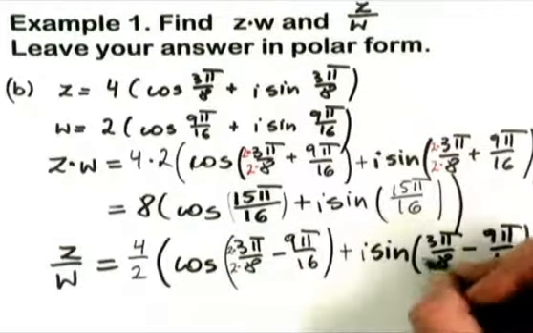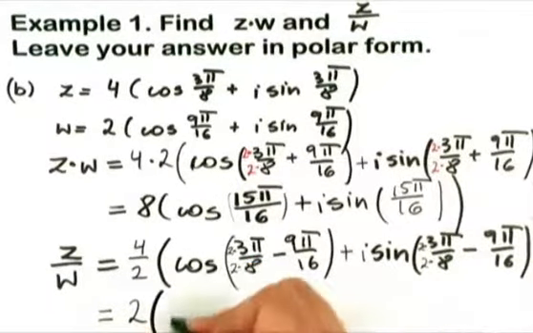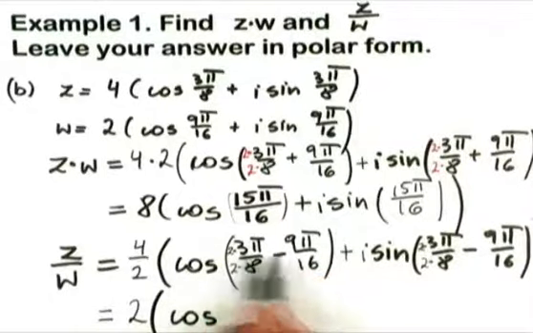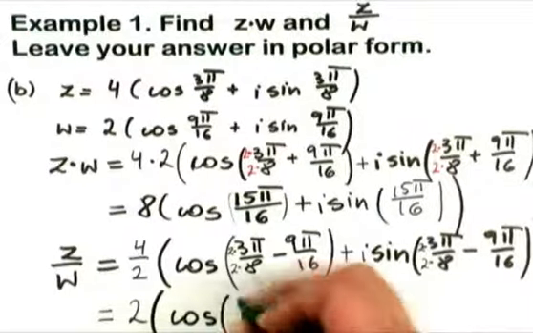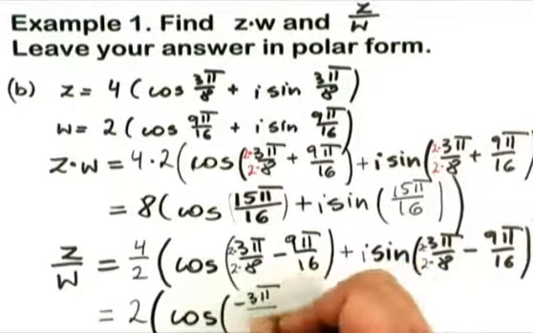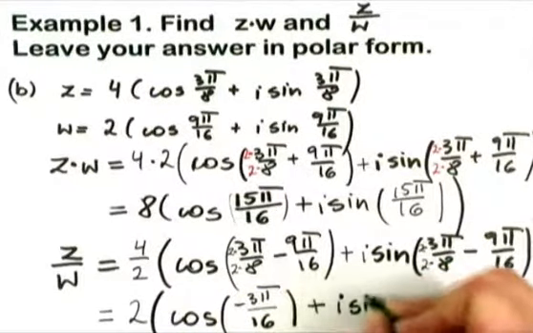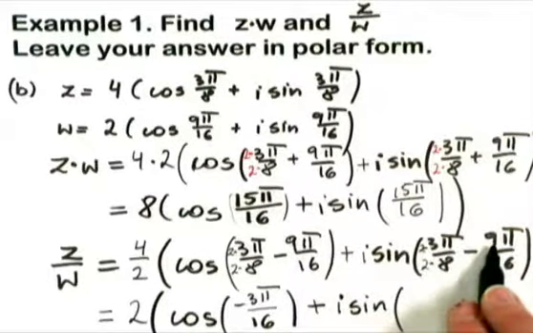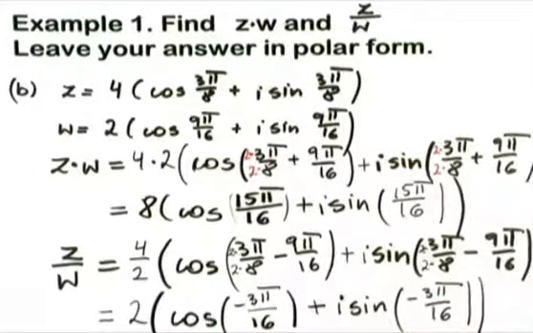The same story here, times 2, times 2. So we have 4 divided by 2 is 2, times cos 6 minus 9, what is that? Negative 3 pi over 16. Then we have plus i sine 6 minus 9 is negative 3 pi over 16. We can go one step further.